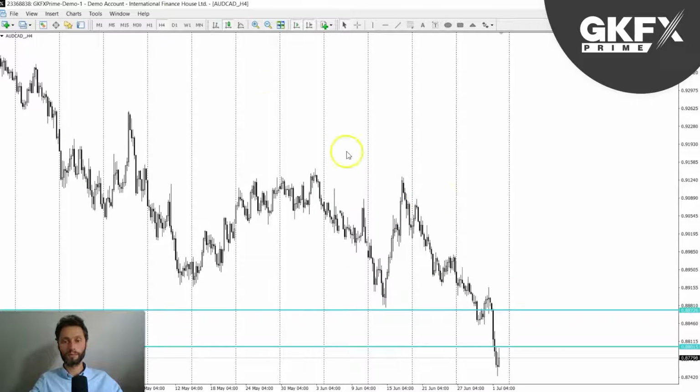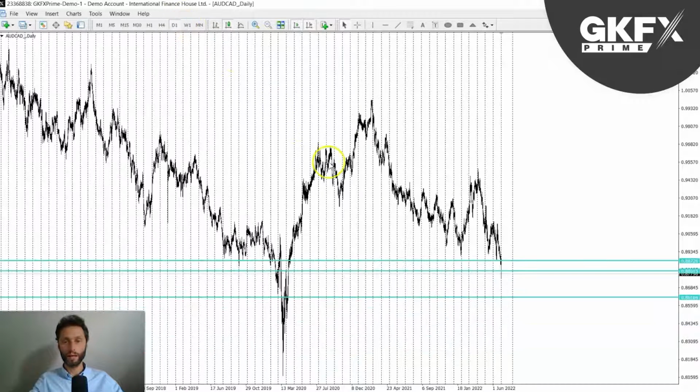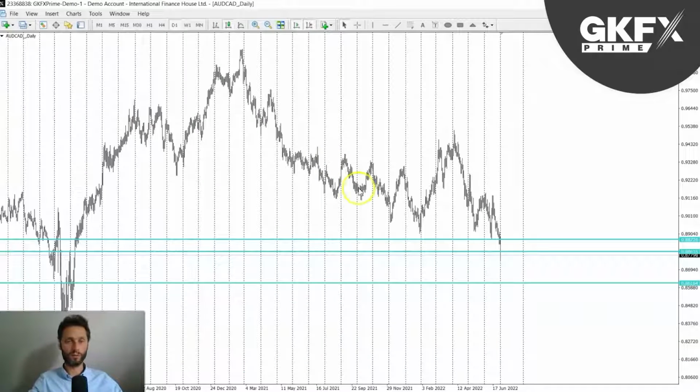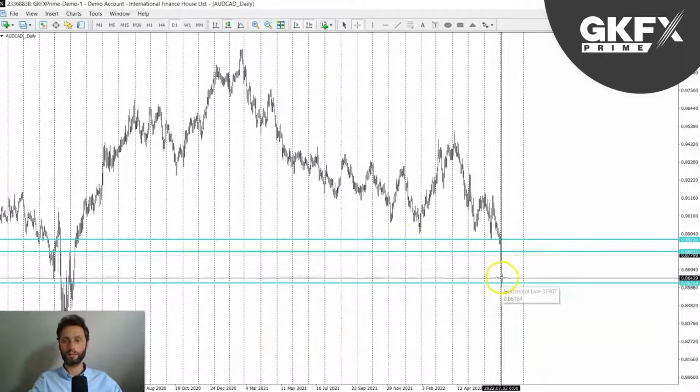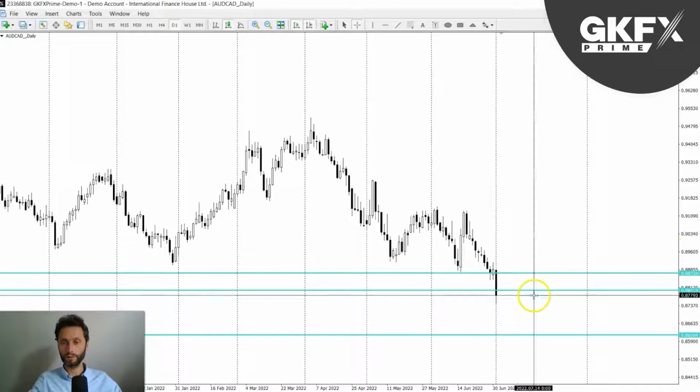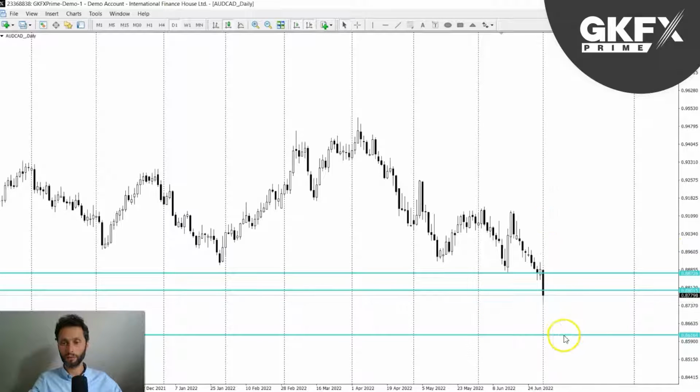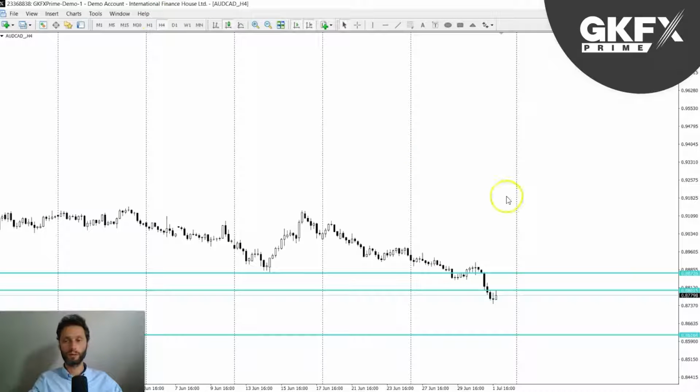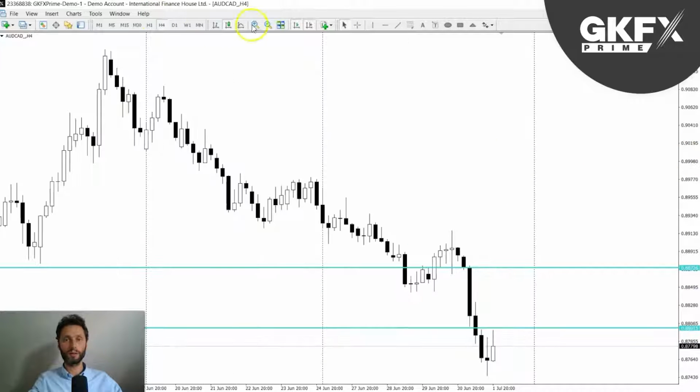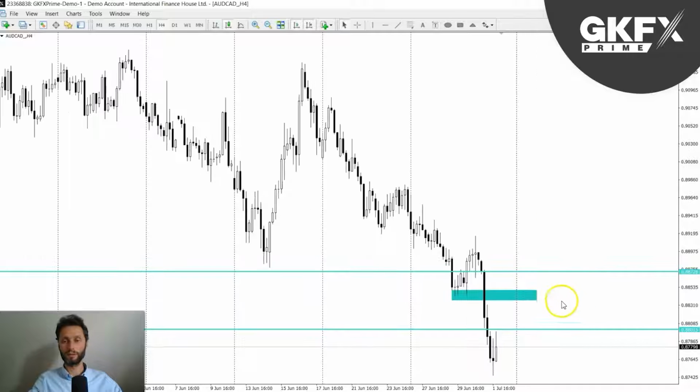So similar thing as with the Aussie dollar, I'm going to do the same thing with the Aussie CAD. I'm looking at this next level for the market to reach for. If I just zoom out a little bit, which is about 150 pips away. If I look on the 4-hour time frame, again, going to look for a retracement into this zone.